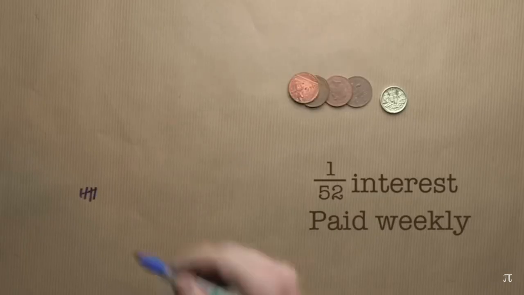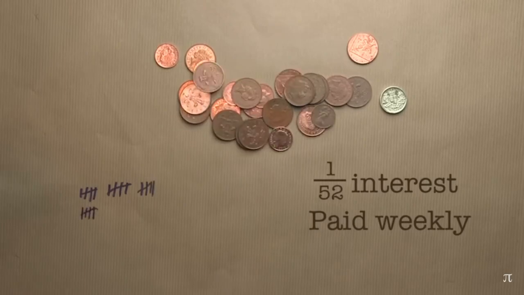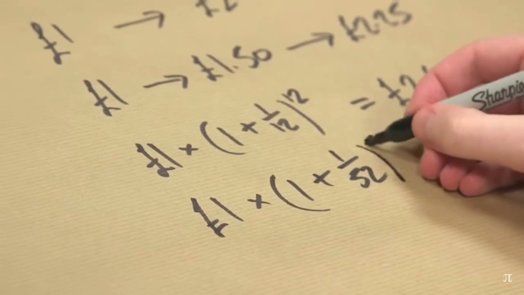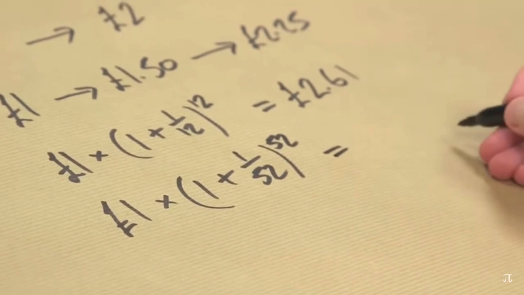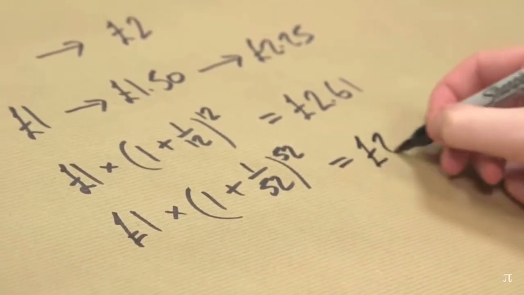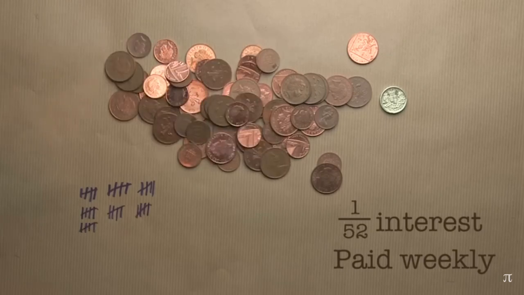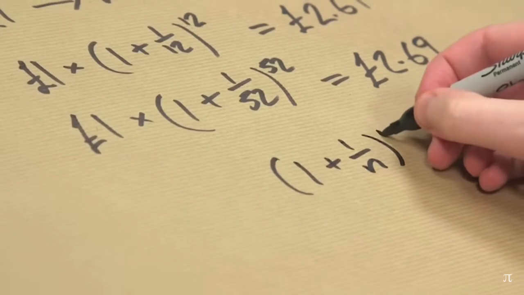Let's start with every week. Okay, so if we do it for every week, how much better is that? Okay, what I'm saying is you're earning 1/52 interest every week. And then after the end of the year, you've got 52 weeks and you would have £2.69. So it's getting better and better and better. In general, you might be able to see a pattern happening here. In general, it would look like this. You'd be multiplying by 1 plus 1/n to the power n.